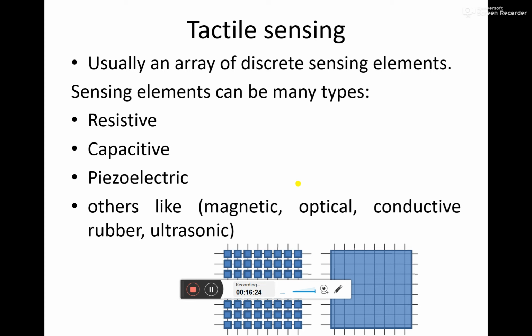For that it may use different types of sensing elements. I explained about the resistive elements, the capacitive elements, and the piezoelectric type, where elastomers come under the piezoelectric type of sensitive material.